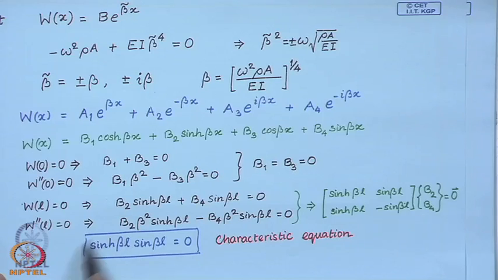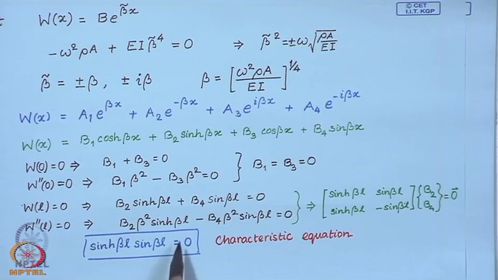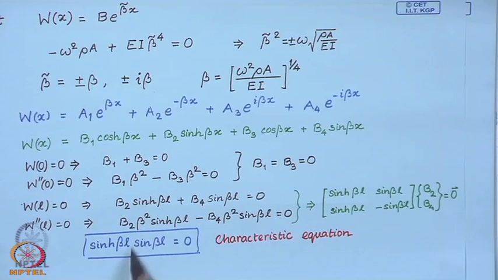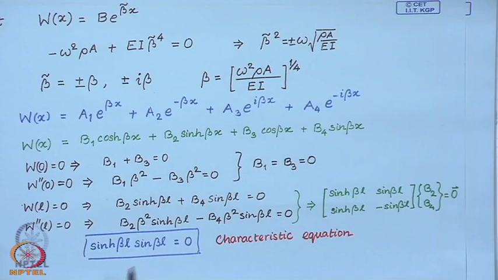Now, this sine hyperbolic is 0 only at beta equal to 0, which will give us the trivial solution. So, for non-zero values of beta, because if beta is 0, then the frequency has to be 0.